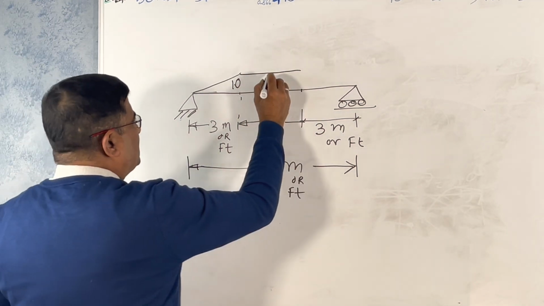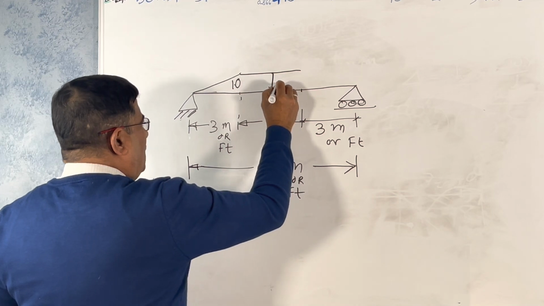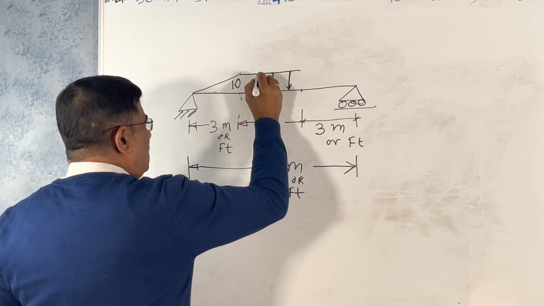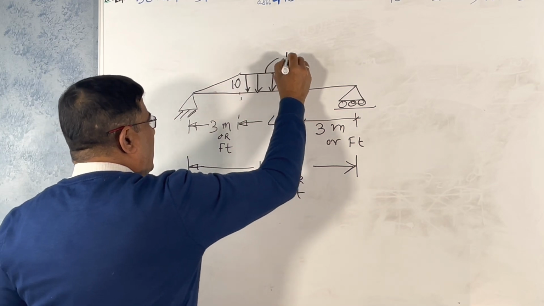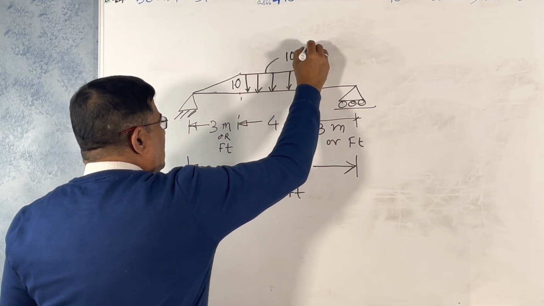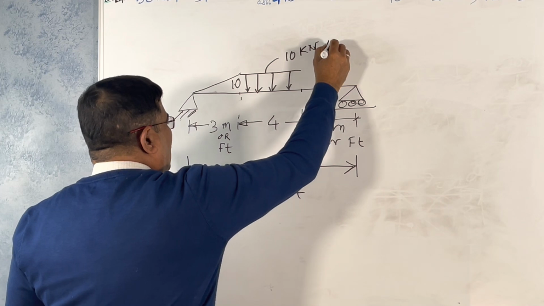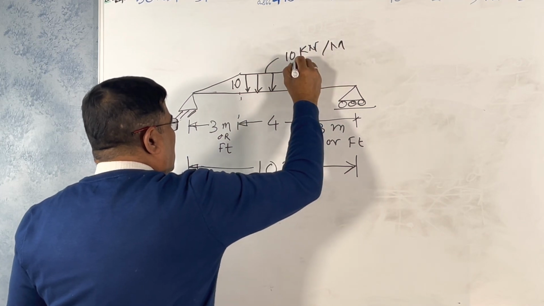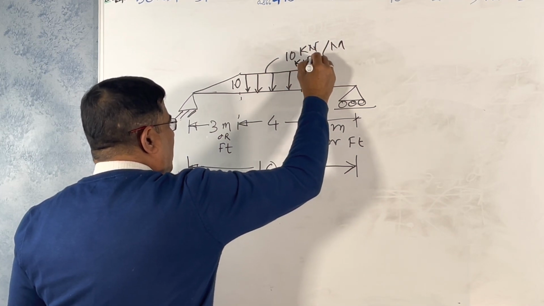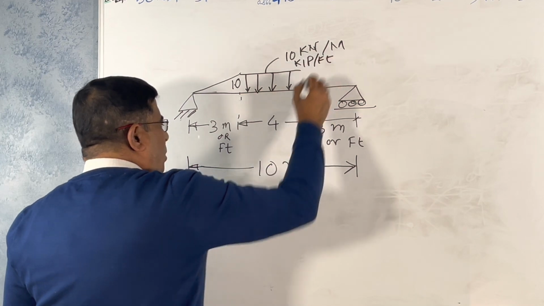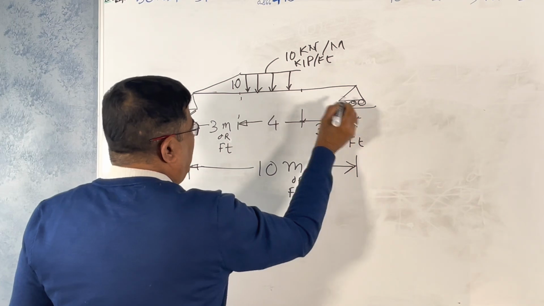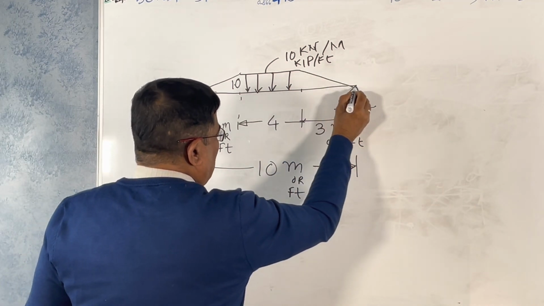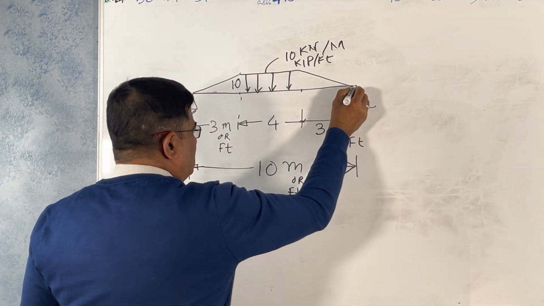Here also it is 10, all 10 kip per foot. Now here it is the same again, and it is 0 there.